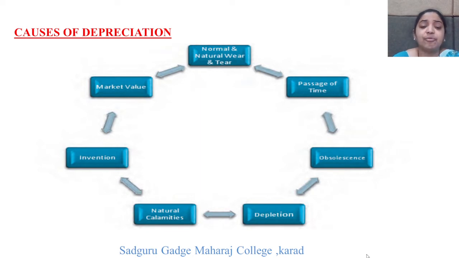Next is number 4, depletion. Depletion means empty. Depletion is also one of the causes of decrease in the value of wasting assets such as forests, oil wells, mines, quarries, etc. Number 5 is natural calamities, or you can say impairment of an asset.